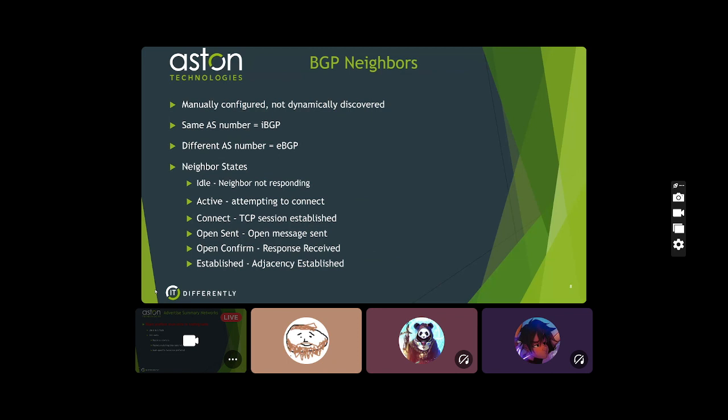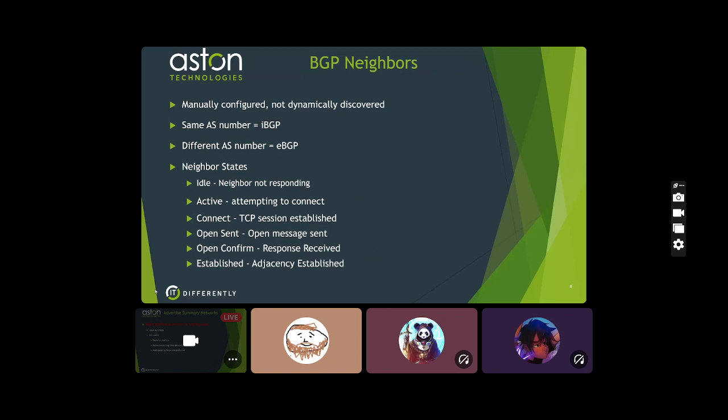That leaves us open to some bad actor spoofing and automatically forming a neighbor relationship and sharing bad routes with us, doing bad things to us. So in order to prevent that, we are manually configuring our BGP neighbor relationship. Both sides need to agree and consent to the relationship.